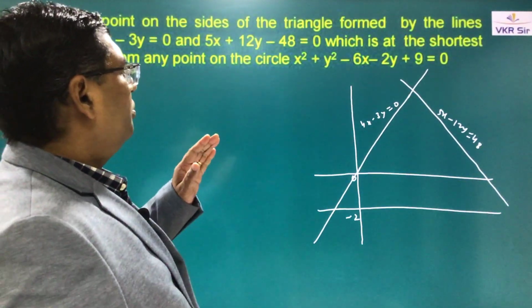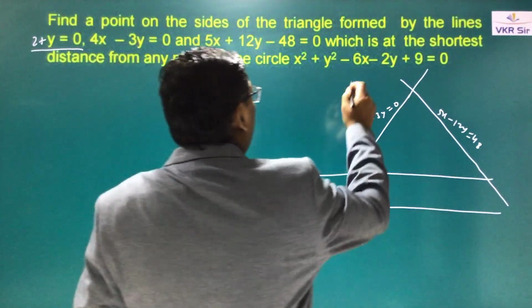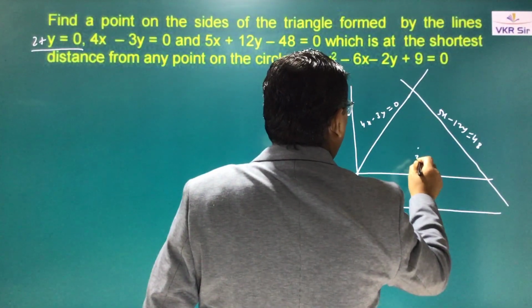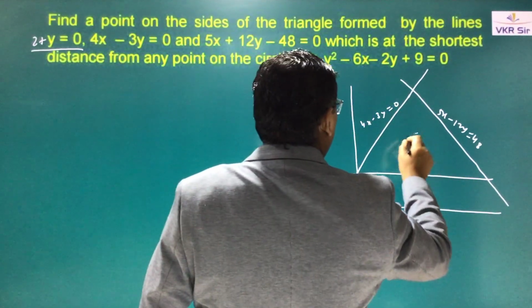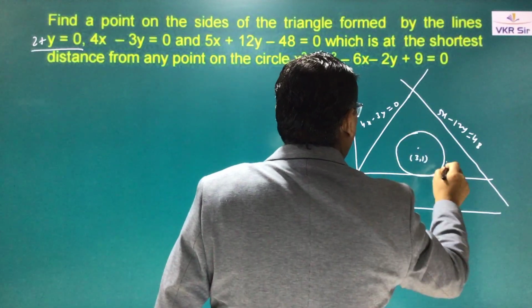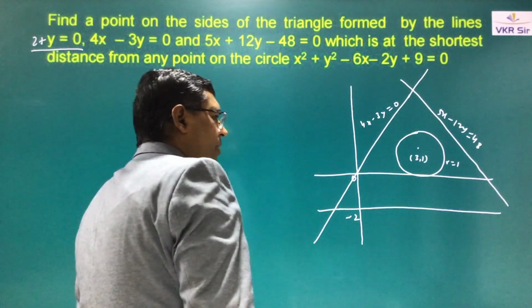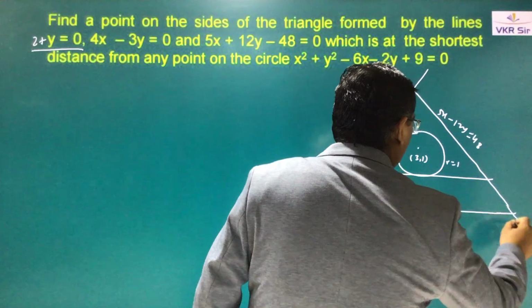Now, where is the circle? The circle is centered at 3, 1. Please find out. And what is the radius? Radius is 1. So we will draw 1 unit radius here. Now, we have this triangle formed.